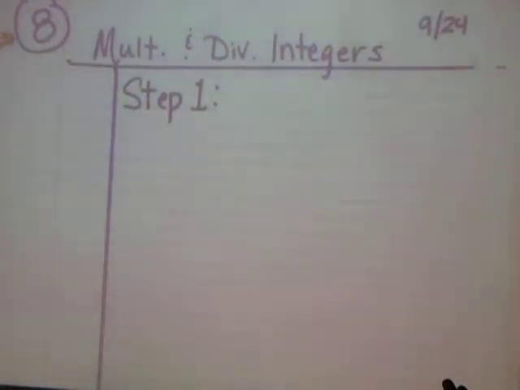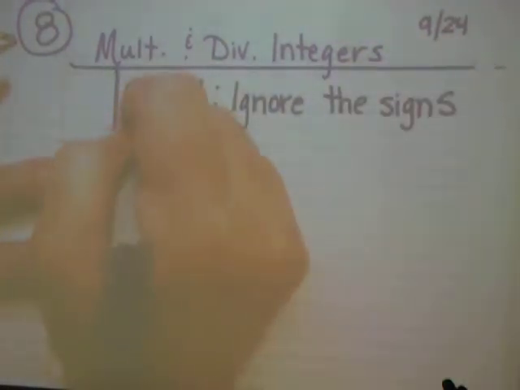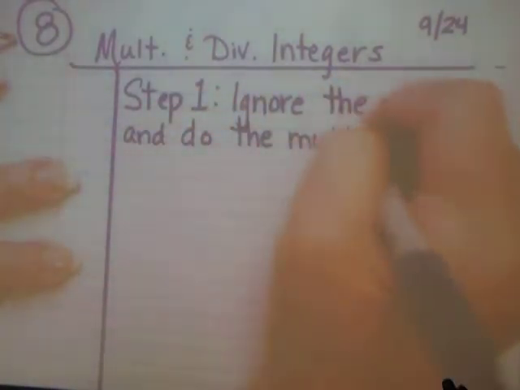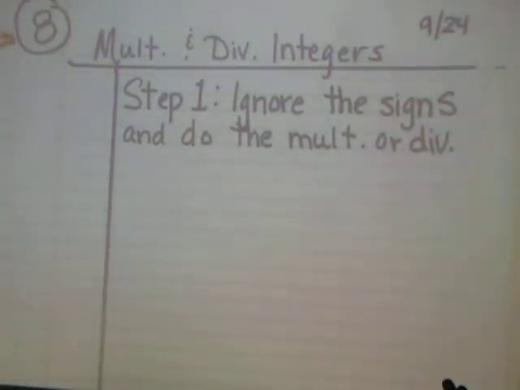So, step 1, we're going to ignore the signs and do the multiplication or division. So we'll have an answer.